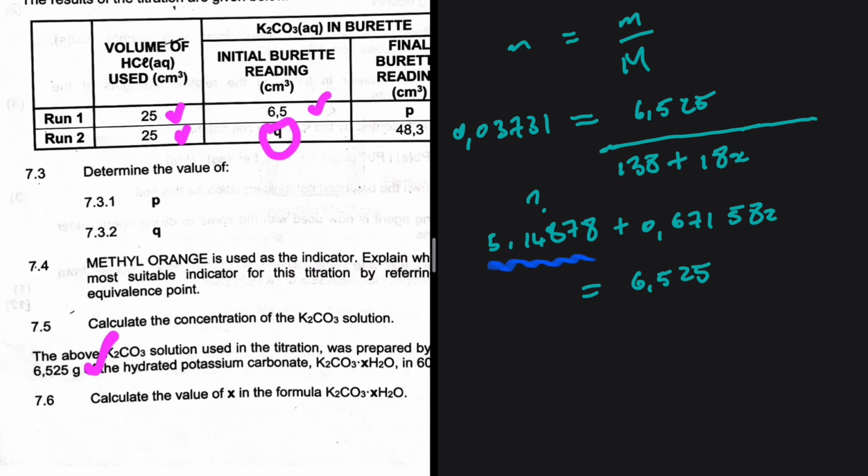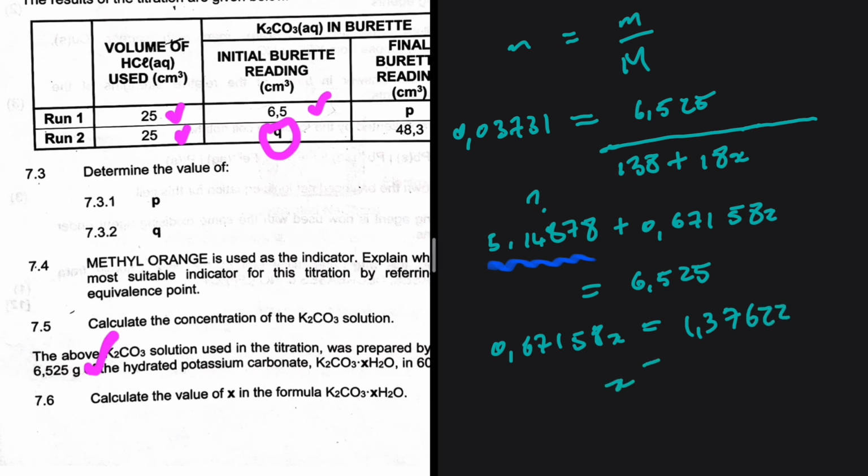So 6.525 minus 5.14878. So 0.67158X is equal to, I press answer, I get 1.37622.